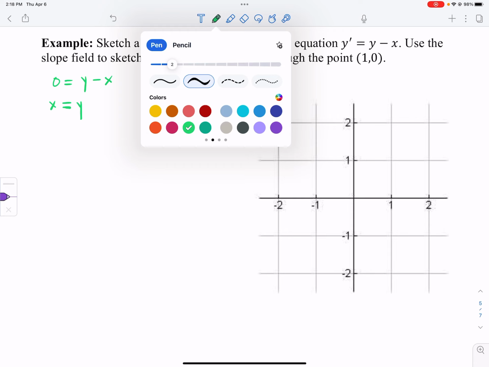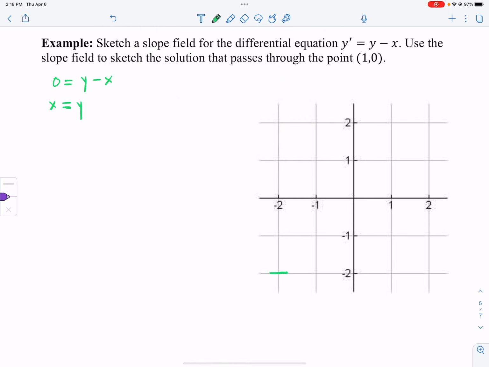Here, I should make this thicker. Okay, so that can be helpful, a good starting place. You could solve for when y prime is equal to 1 if you wanted to, or negative 1.